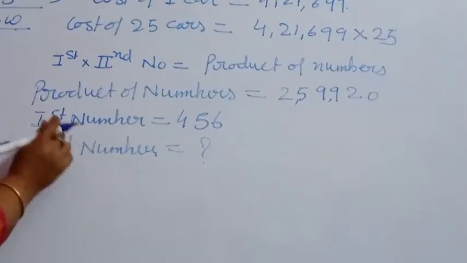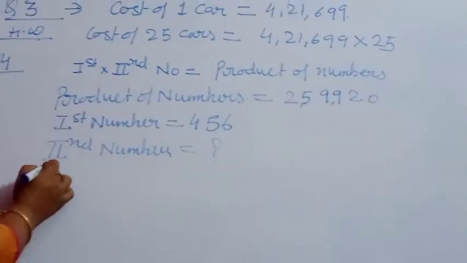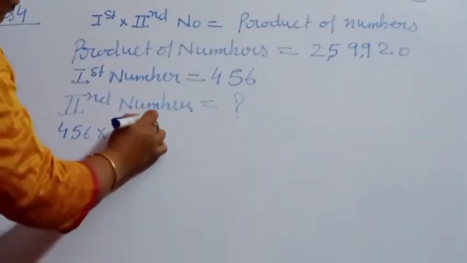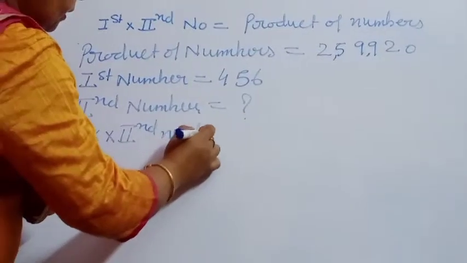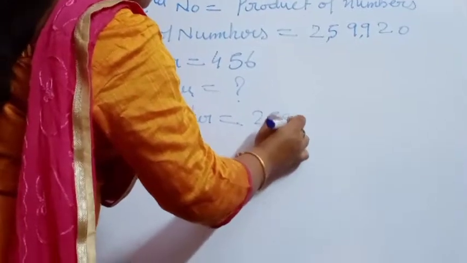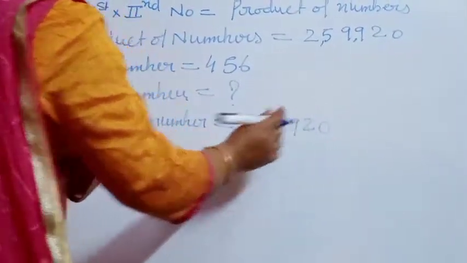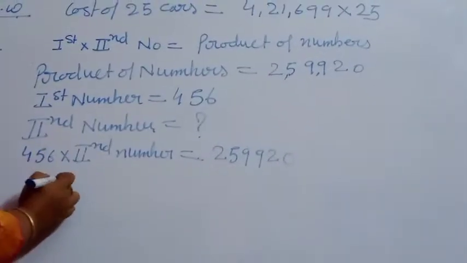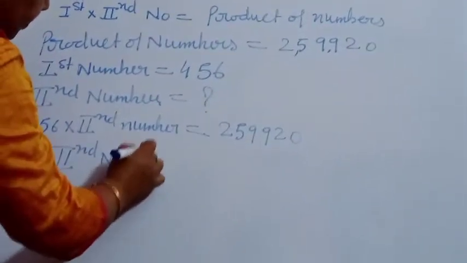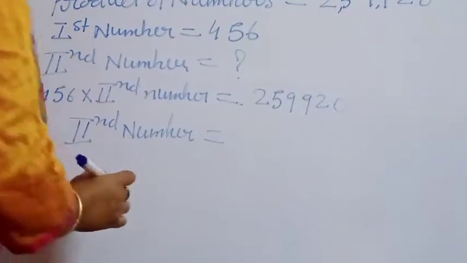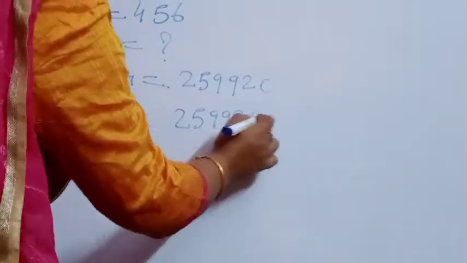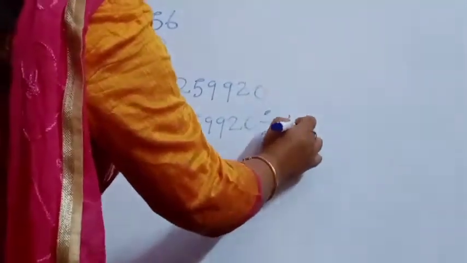In place of first number you can write 456 multiplied by second number, okay, is equal to product of numbers 259920. Then we have to find second number. Second number is equal to 259920 divided by 456.